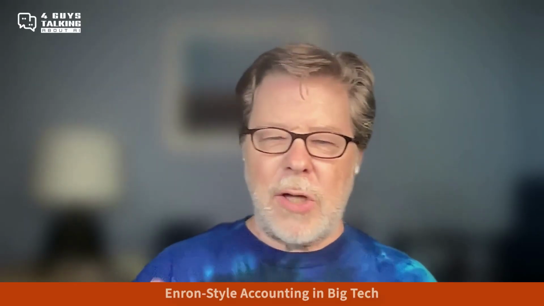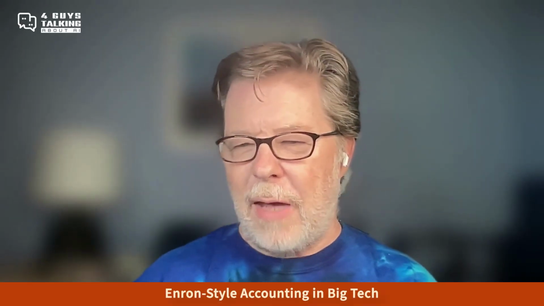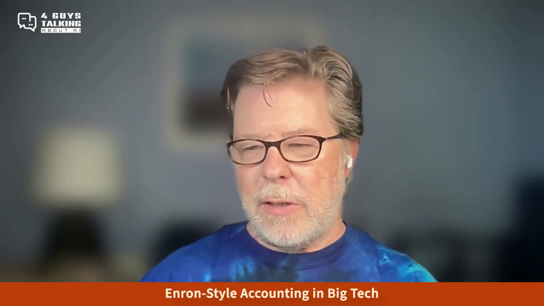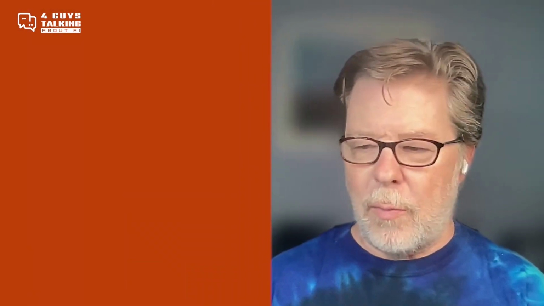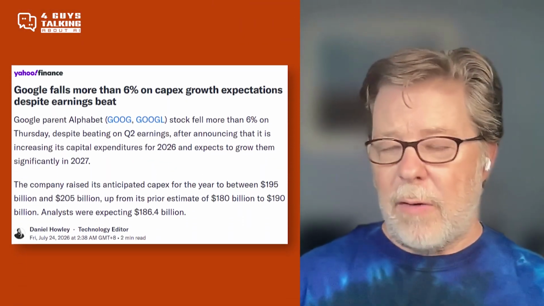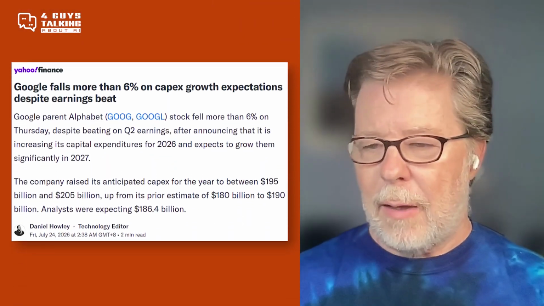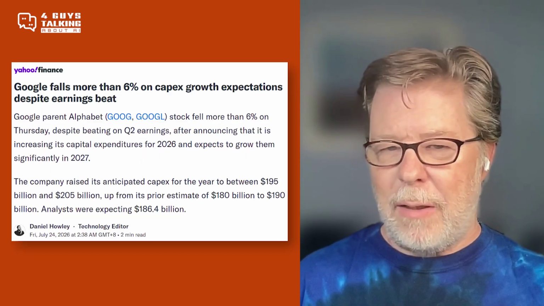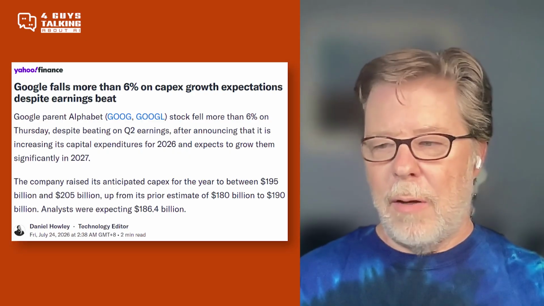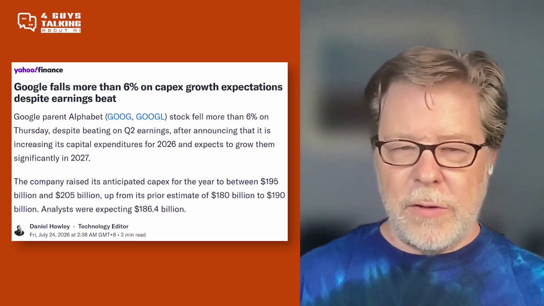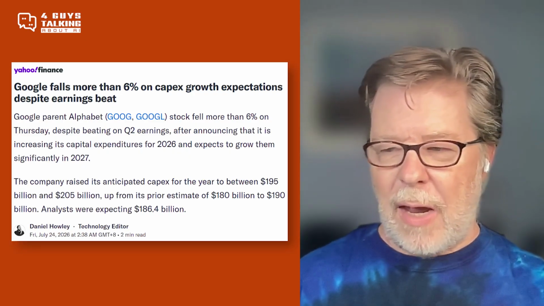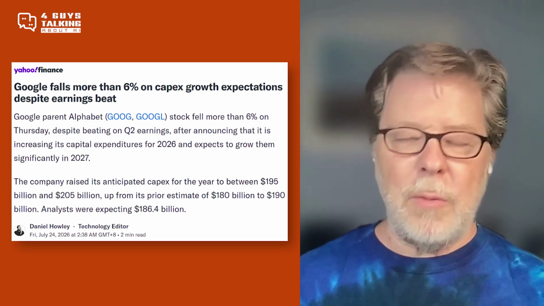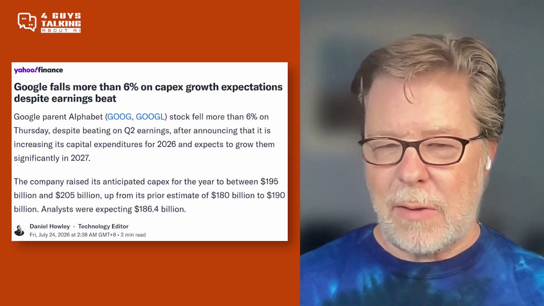So let's talk about the Enron accounting here, and then we can talk about the bubble. Just as a piece of background information, Google reported earnings this week. They had a very strong quarter across the board, except they reported a $5 billion negative cash burn, the first in their history where they have had a negative cash flow, and investors were spooked by that and sent the stock down.